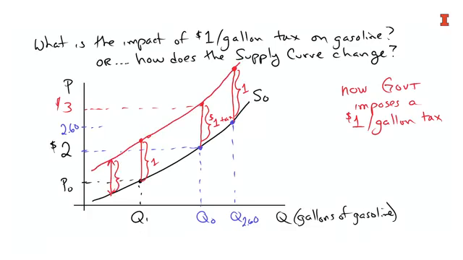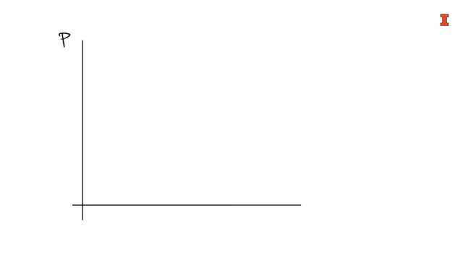The vertical gap at any price, at any quantity level, that vertical gap is exactly equal to the tax, which in this case is $1. Now we see the mechanism by which one of these curves is moved, so we can go back to our equilibrium and think about what happens when we have this excise tax imposed. We're going to draw a new graph, price on the vertical axis, quantity on the horizontal axis.